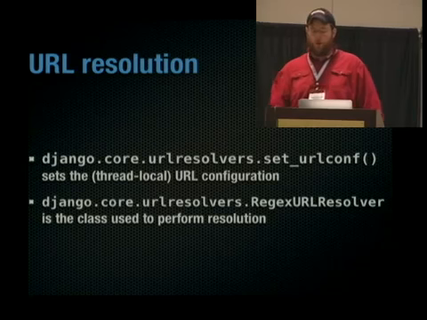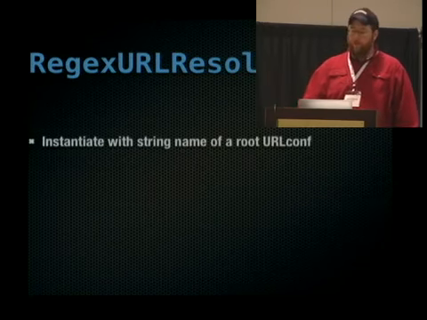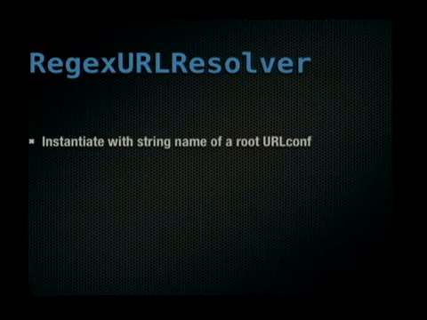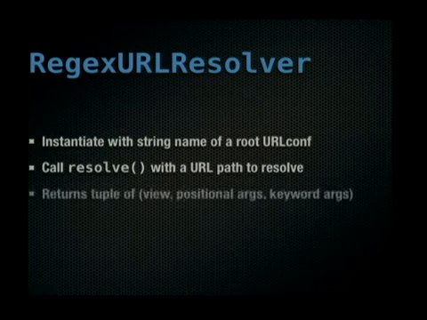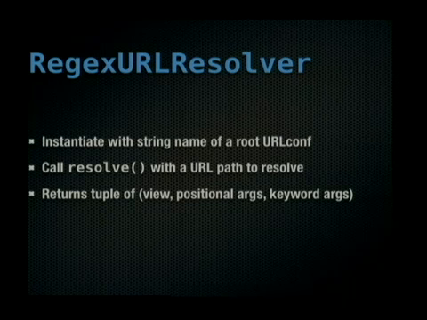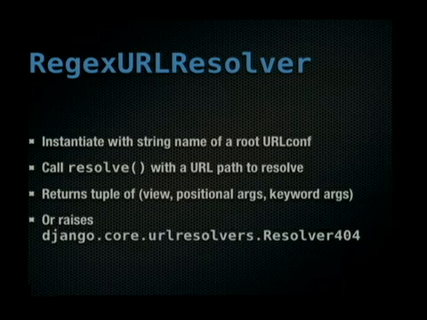RegexURLResolver is the class that actually performs the resolution. That class is kind of funny. You instantiate it with the string name of your root URL configuration and call resolve, passing in a URL path to resolve it. It will return a tuple of view, positional arguments, keyword arguments, or it will raise urlresolvers.Resolver404, which is a subclass of Django's own Http404 exception and will be handled correctly if you raise it.